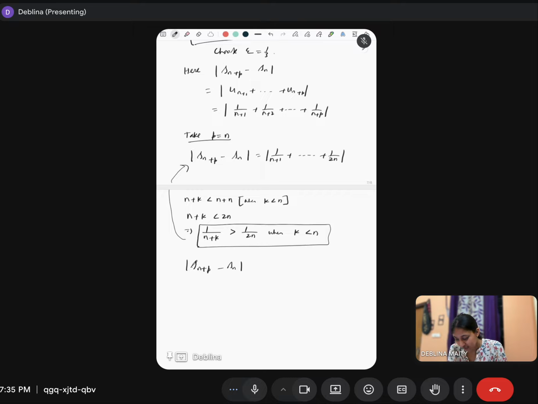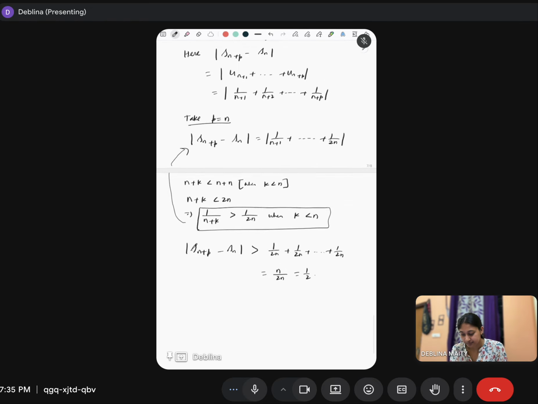So it is greater than 1 by 2n plus 1 by 2n and so on. So we are replacing each 1 by n plus k by 1 by 2n. There are n terms, so it is n by 2n, which is 1 by 2.